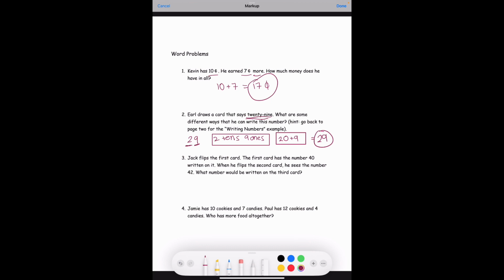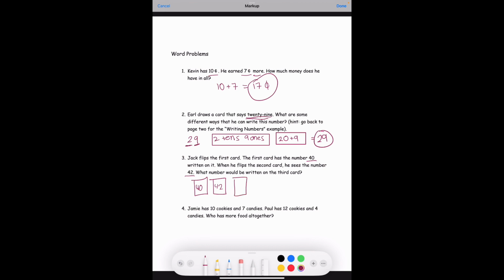Okay, number 3. Jack flips the first card. The first card has the number 40 written on it. When he flips the second card, he sees the number 42. What number would be written on the third card? Okay, so the first card has the number 40. The second card has 42.